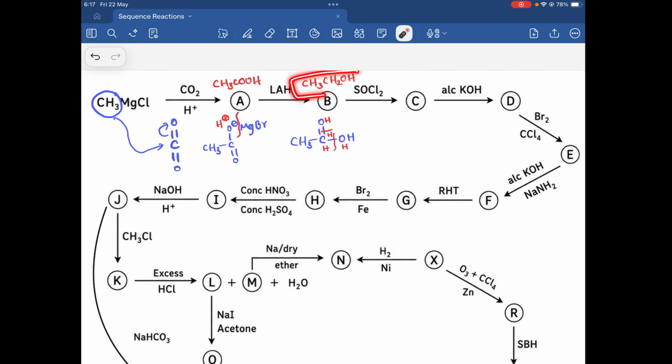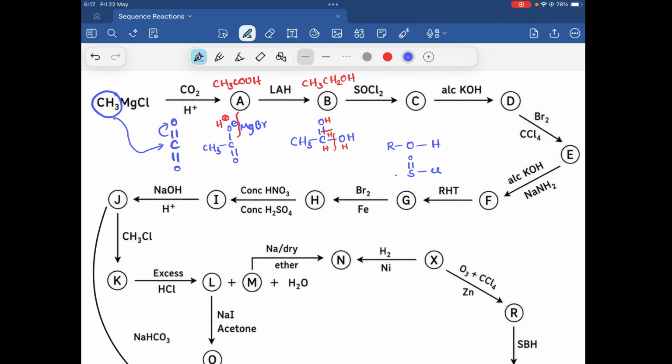Now this alcohol reacting with SOCl2, which reaction is this? This is Darzens process. For this one simple trick is there. So whenever alcohol reacts with SOCl2, that SOCl2 you can write like this. Now if you break like this, these are the products formed.